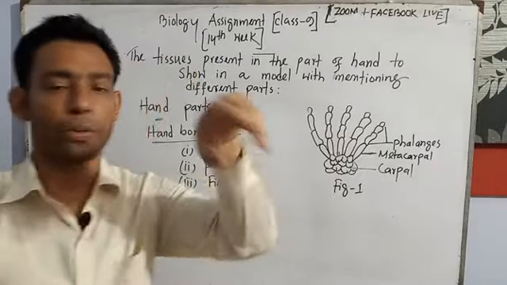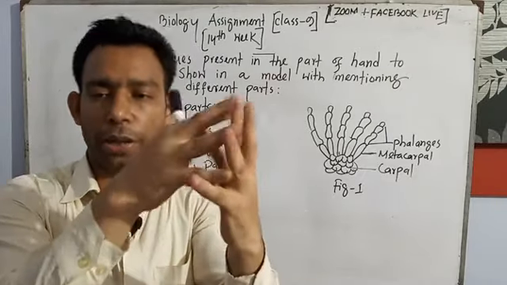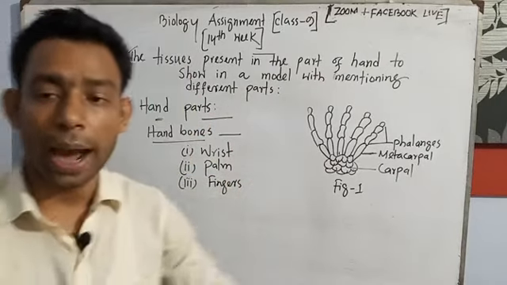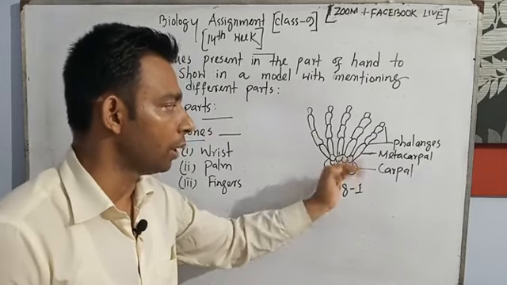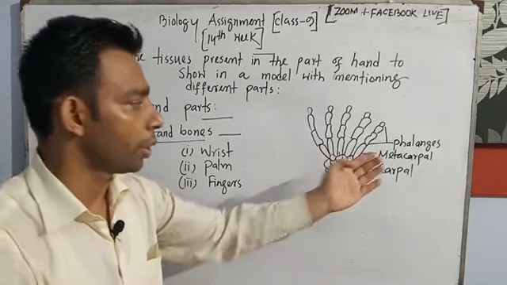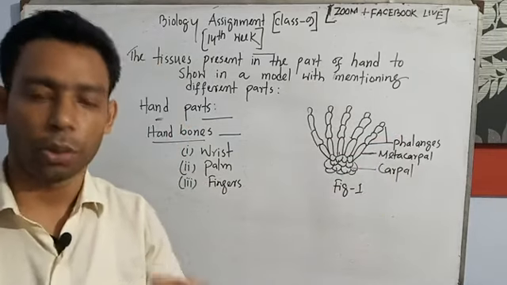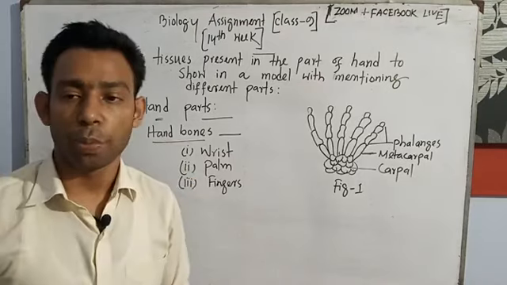Yes, the wrist, palm and fingers. Okay, so it is the hand parts in total. I just give you a guideline where it starts. After that it is the carpal, then metacarpal of the lower part of the finger, then after that phalanges up to the ending portion of the fingernail. So these are the hand parts to mention there.